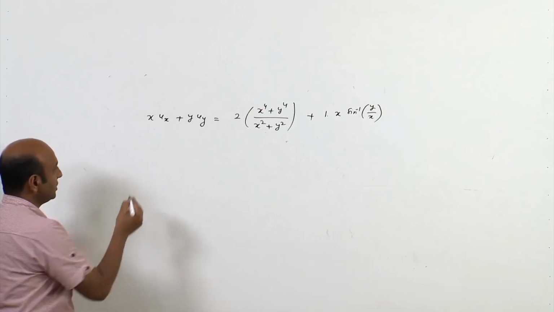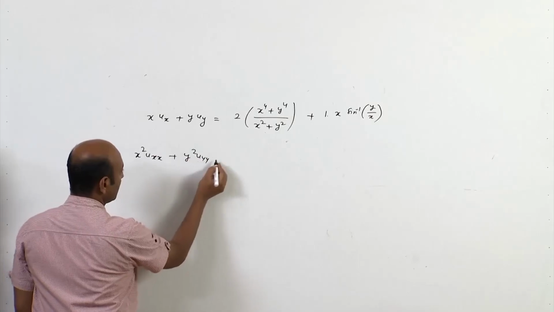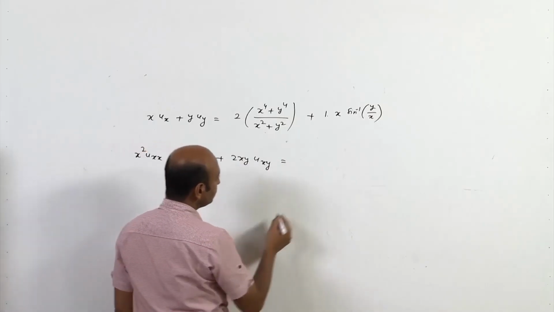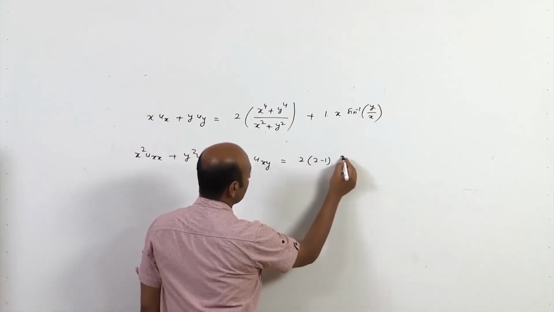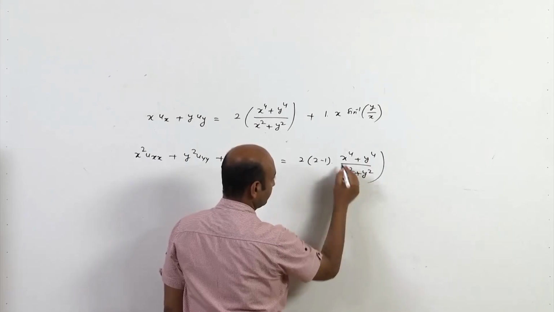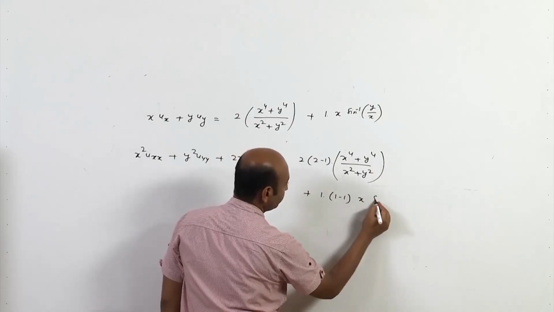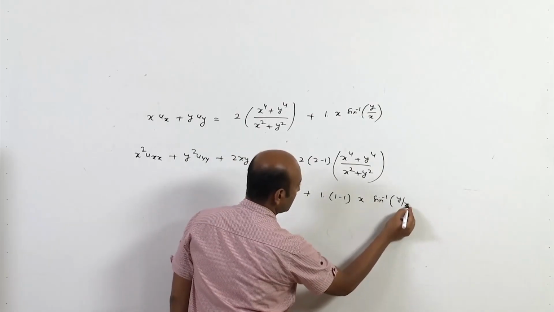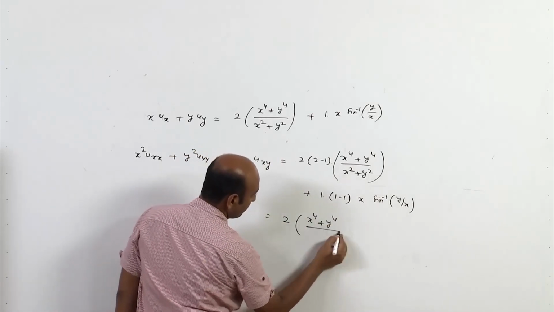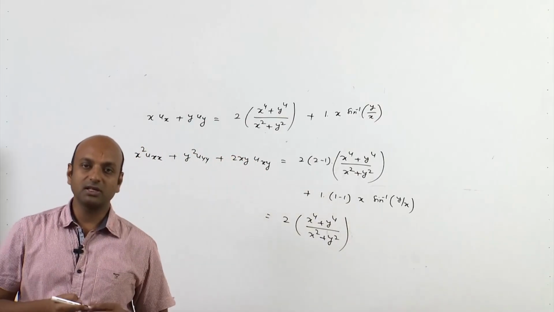Now, the value of the second expression, which is x square uxx plus y square uyy plus 2xy uxy, will be equal to m minus 1 into g plus n minus 1 into h. That is simply 2 times x raised to power 4 plus y raised to power 4 upon x square plus y square. So, that is how we can solve this problem.